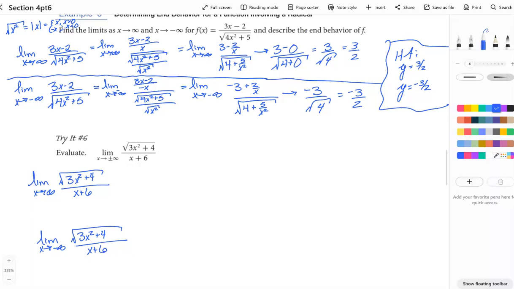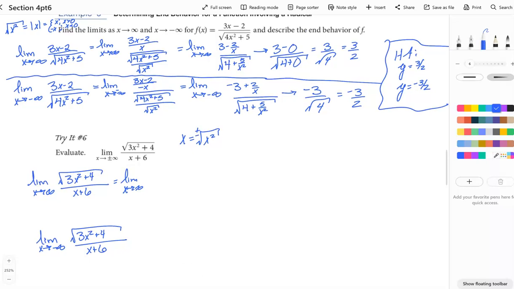So dividing by the largest x in the denominator, that x in the denominator is just x. I can think about x being the square root of x squared. The question is, do I use the plus or the minus? If we're approaching positive infinity, we're going to use the plus.